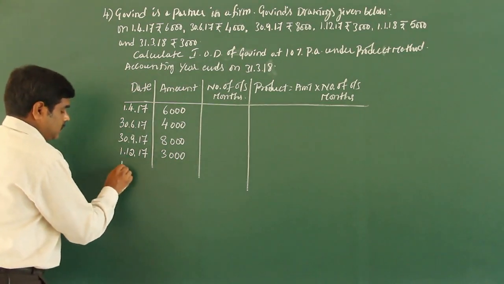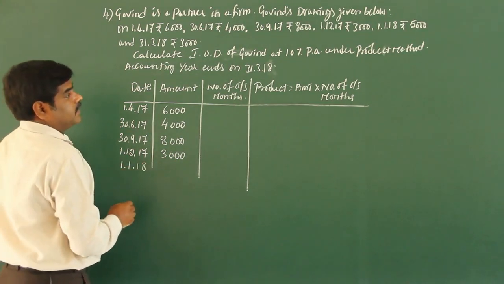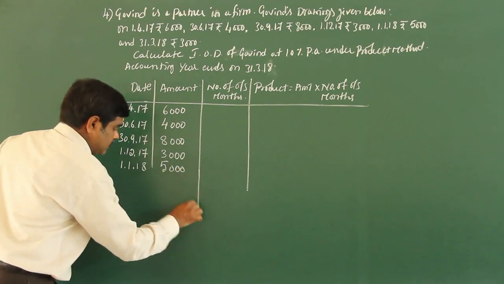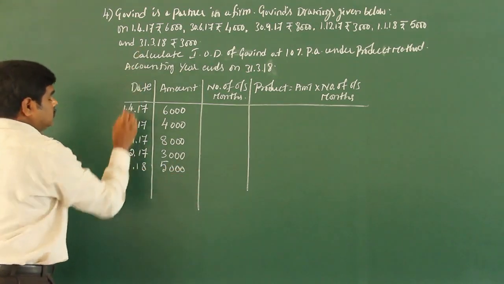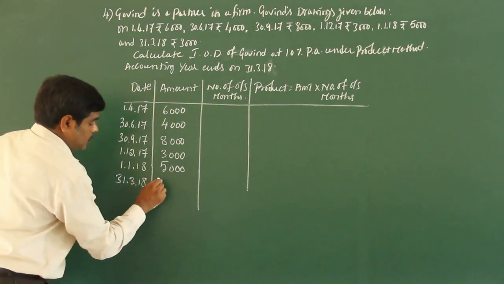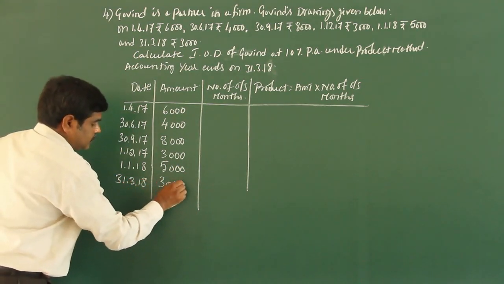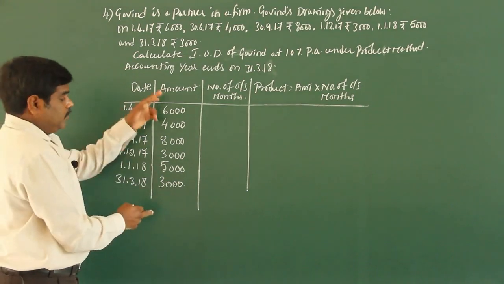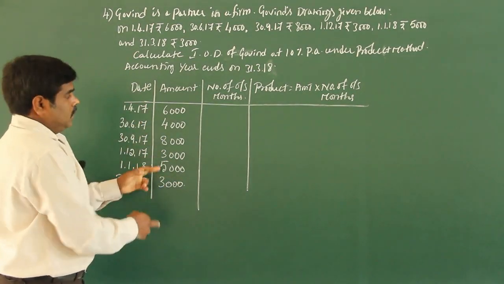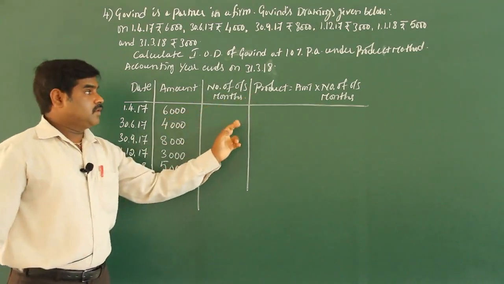On 1/1/2018, rupees 5,000. And the last date, 31st March 2018, rupees 3,000. So the date is given, the amount is given. First you write the date, next the amount. Okay, go for the calculation of the number of outstanding months.